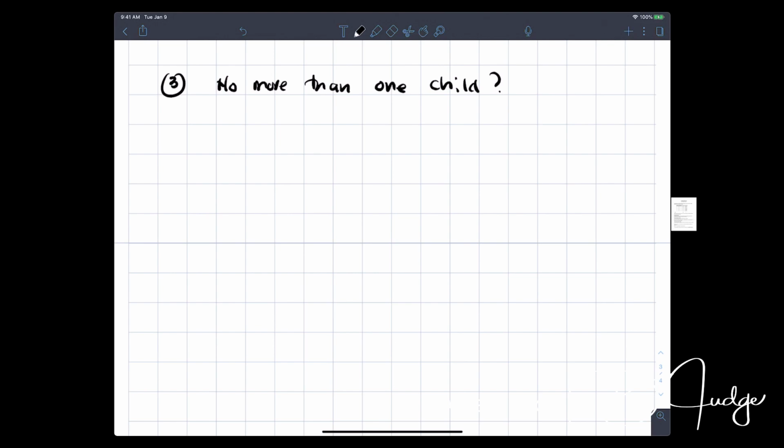We have to know, what does no more than 1 mean? Well, that's short for not more than 1. Not more than 1 means 1 or what? Less. Is that true? That's the key.